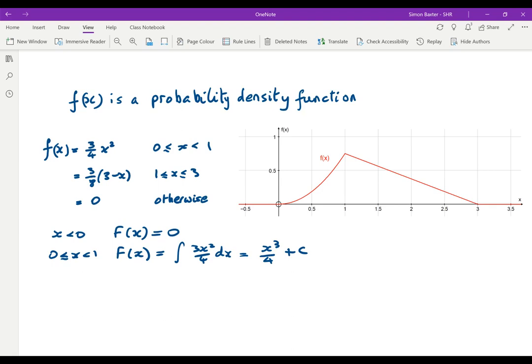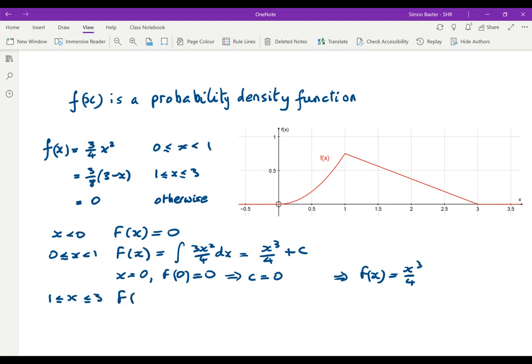At x equals 0, that is the smallest value, F of 0 is 0, and in this case that gives us that c equals 0, and so in this region big F of x is x cubed over 4. Okay, now let's look at what happens between 1 and 3.